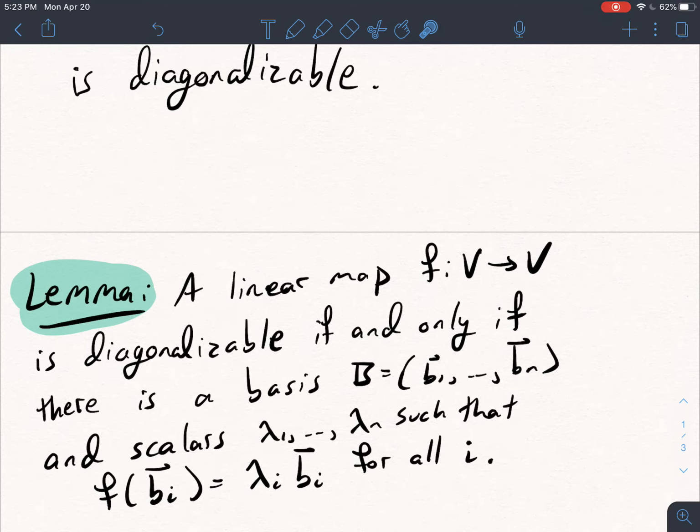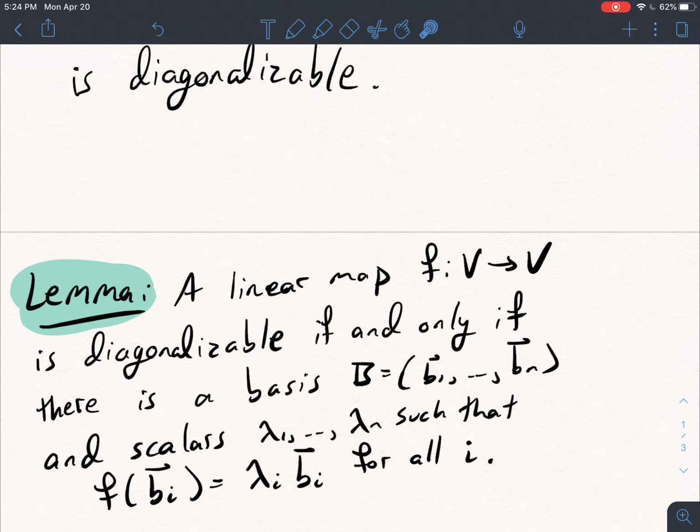Let me remind you of a lemma from the previous section. The lemma says that a linear map f from V to itself is diagonalizable if and only if there's a basis B consisting of vectors b1 through bn and scalars lambda 1 through lambda n, such that f of bi is equal to lambda i bi for all i.